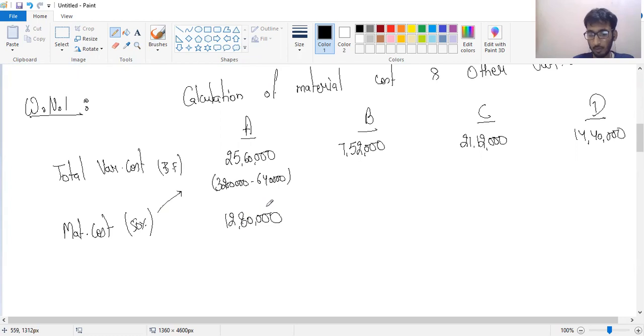For 752, 50% would be 376. For 2112, it would be 1056. And for 1440, it would be 7 lakh 20,000.